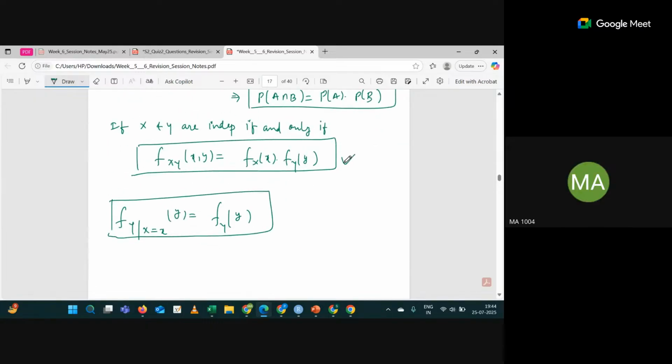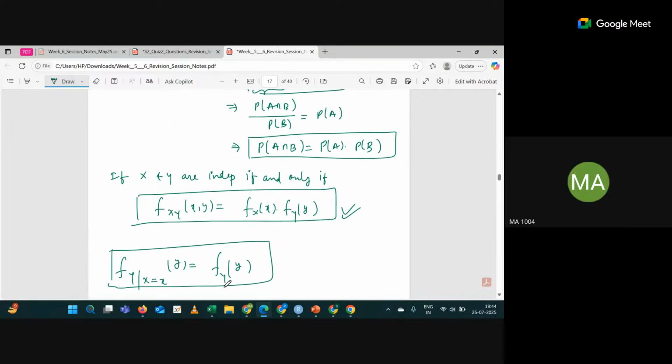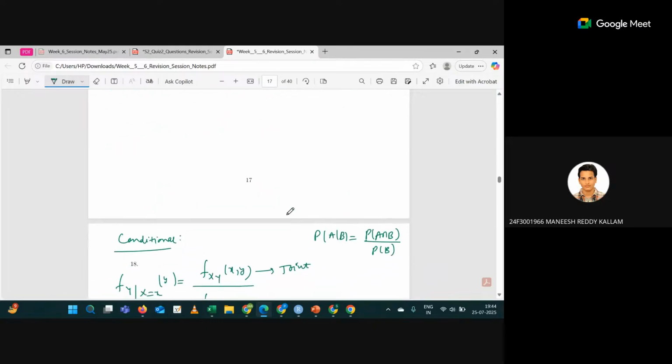Divided by f of y, we can cancel out f of y, and then f of x will cancel out, and you will get f of y. Yes, I was just confirming.